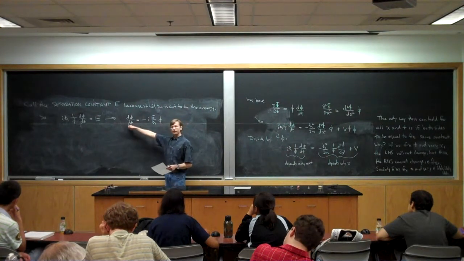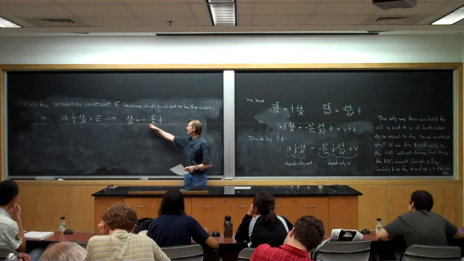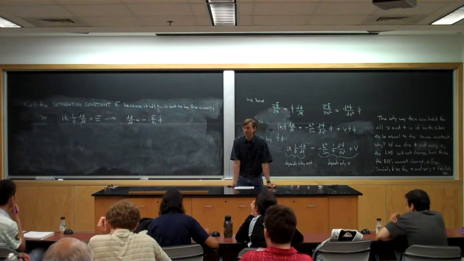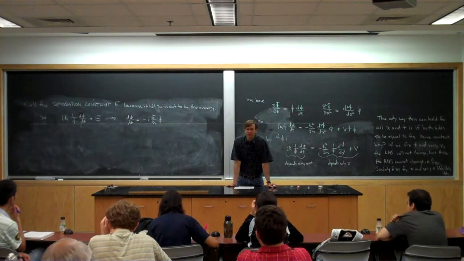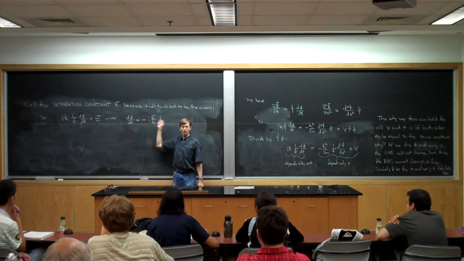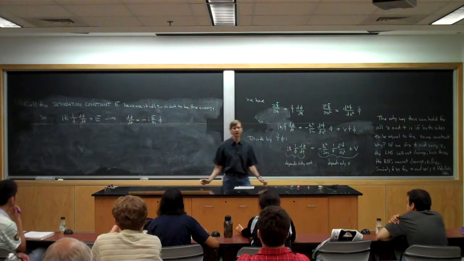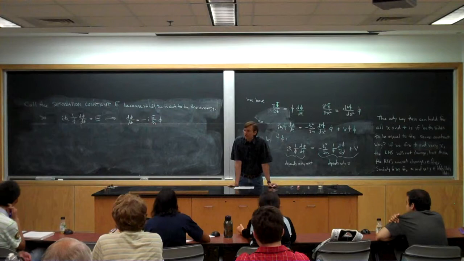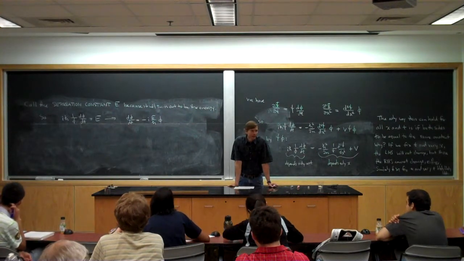So the derivative of phi with respect to time is a constant times phi itself. That's something that you should have seen before. It's a very standard differential equation. This says, I need a function whose derivative is a multiple of the function itself. What kind of function has that property? Exponential functions have that property, right?